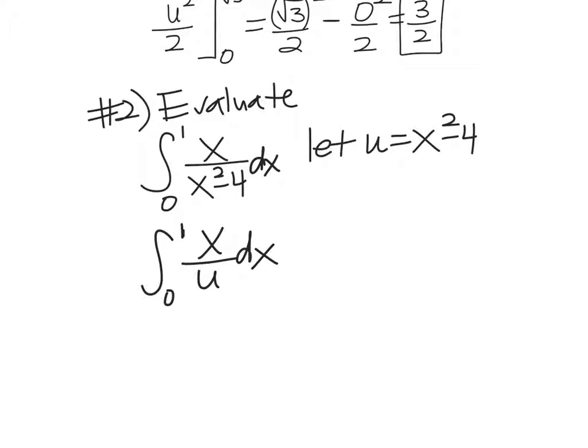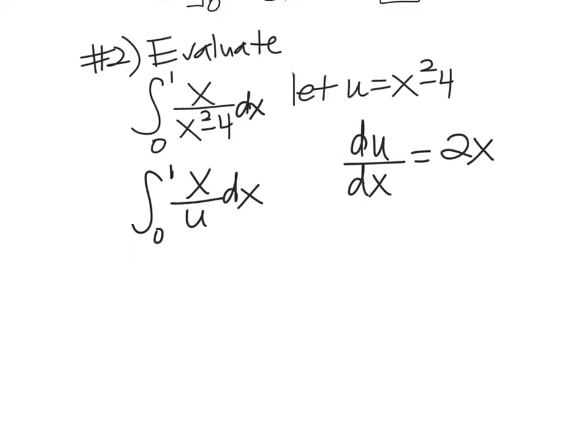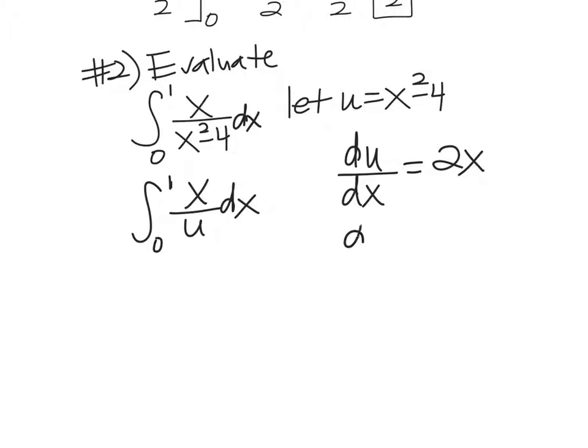Over here, let's take the derivative of u. So we get du dx equals 2x. Good? Okay. And so that means that dx is equal to du over 2x. This should be very familiar, especially if you did the homework last night.